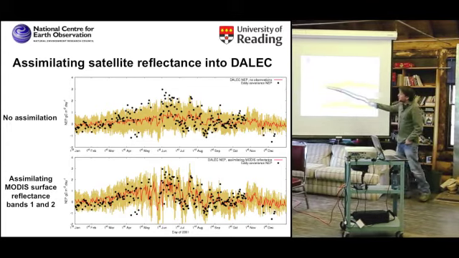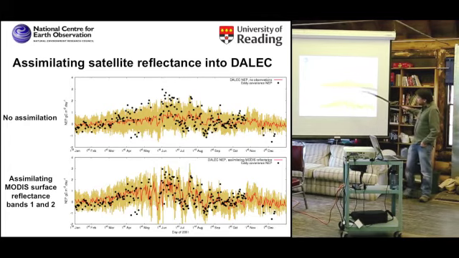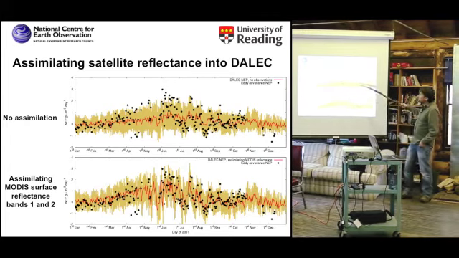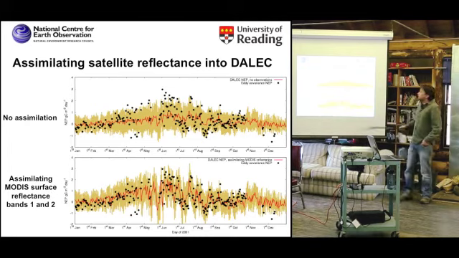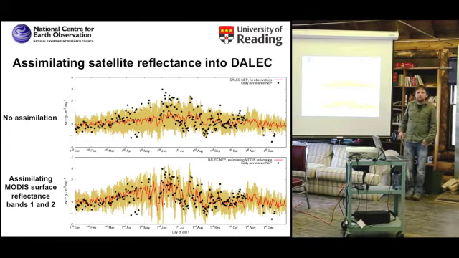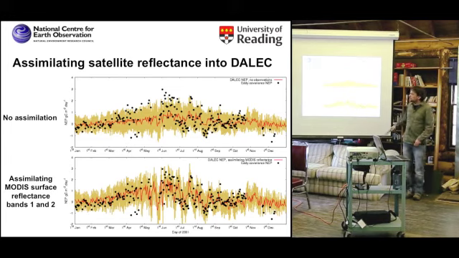In this top plot is the model trundling along on its own, being forced by local meteorological data, but with no observations being assimilated into it at all. We're using a technique called the ensemble Kalman filter, which you'll learn about from Andy Fox.